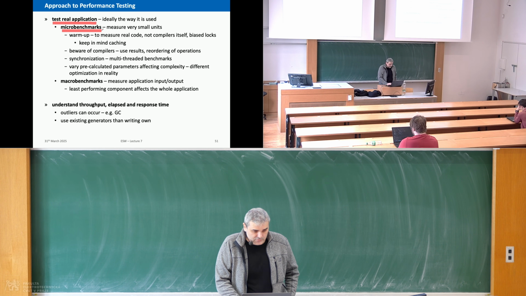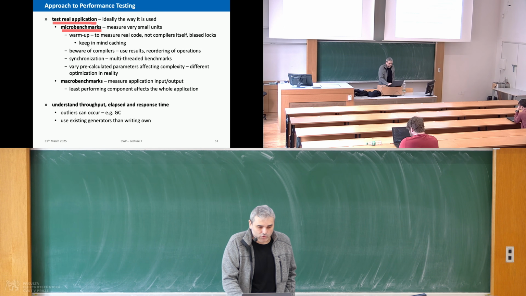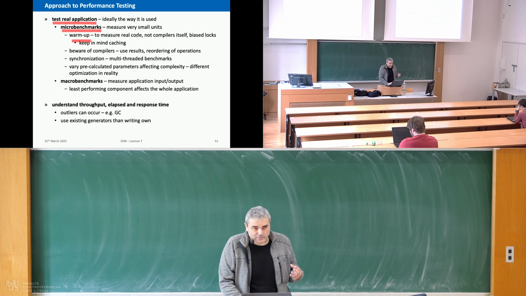There are micro benchmarks, where just very small units are tested. You need to do warm-up to measure real code. Just provide the warm-up with the data which are usually there. You have to consider the compilers. Synchronization is affecting code as well.